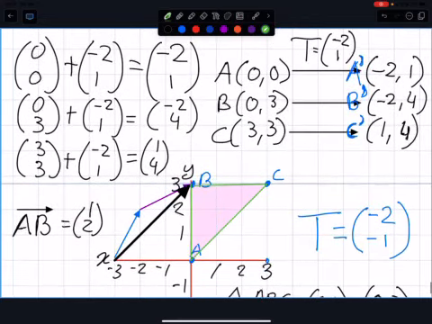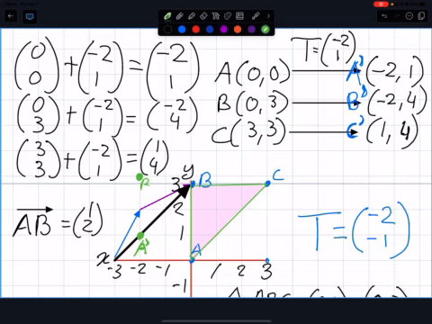So A went to where? -2, 1. Here is A right now, A apostrophe. Where is B? -2, 4. Here.